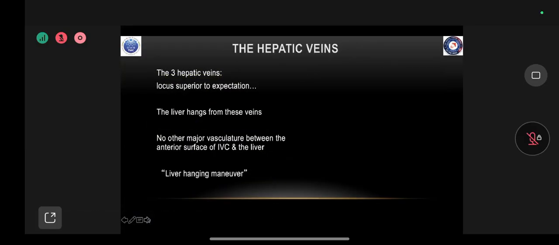So as I said, the hepatic veins are the main three supports of the liver. The liver hangs from these veins, and what you see is there is a fascial condensation which is there. So usually the hepatic veins are found a little superior to what you expect. Professor Belghiti and his team were one of the pioneers in describing what is called the hanging maneuver.